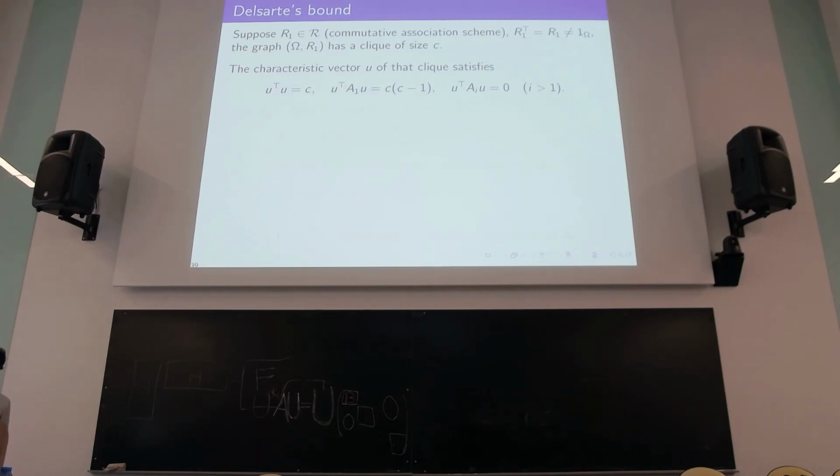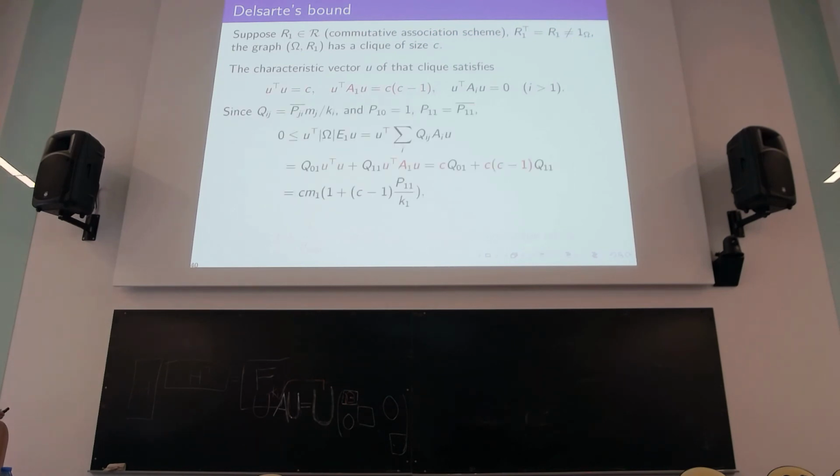Denote the characteristic vector of that clique by u. Then it has C ones, so the inner product is just C, and this counts the number of edges in the subgraph. There are C times C minus 1 ordered pairs of adjacent vertices, and the rest is 0 because it is a clique, so no other relation appears.